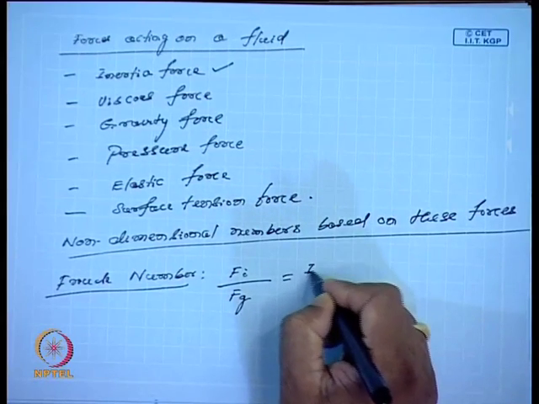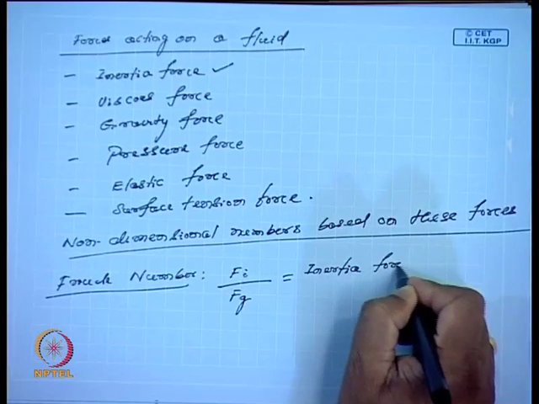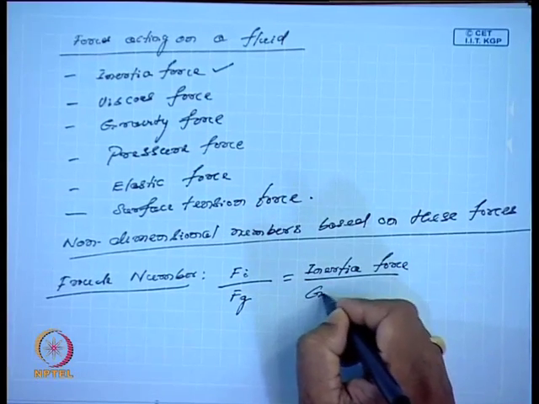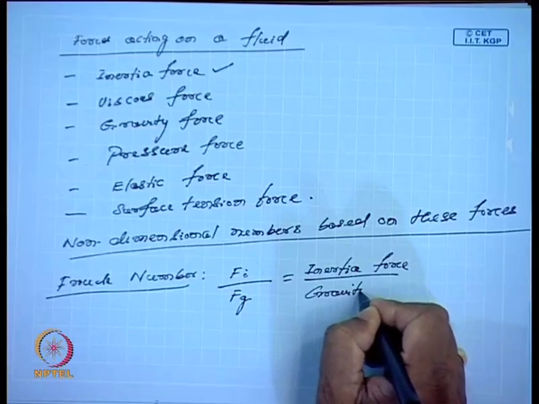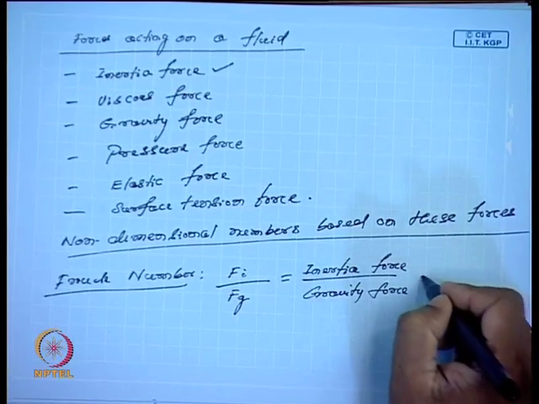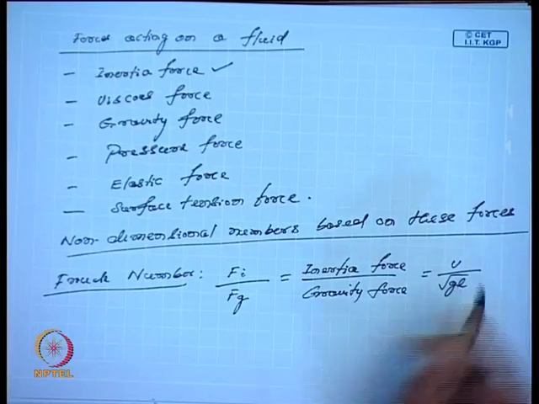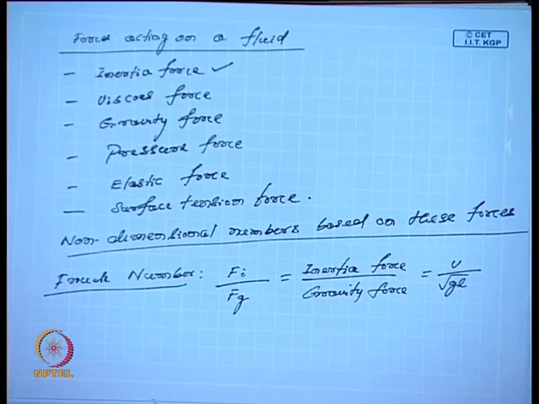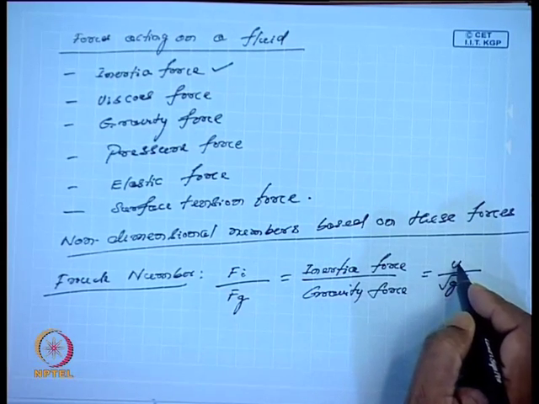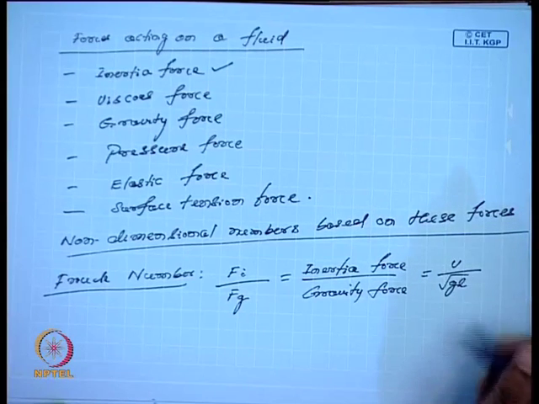So, that is basically the inertia force to the gravity force, and you can say that this is nothing but V by root GL. G is the acceleration due to gravity, that is the gravitational constant, L is a characteristic length, and V is called the characteristic velocity, component of velocity.